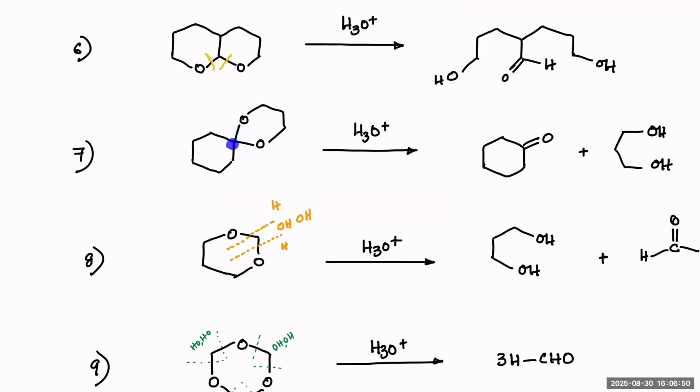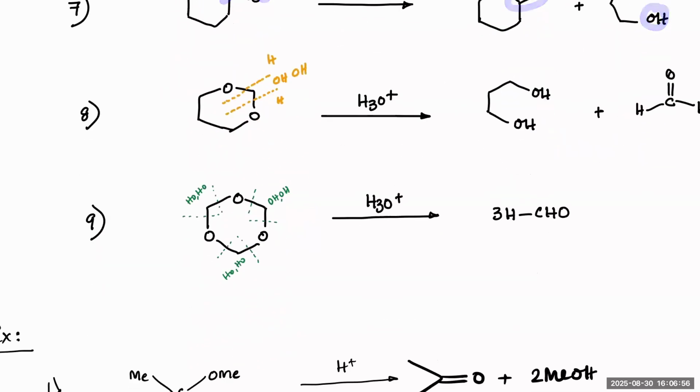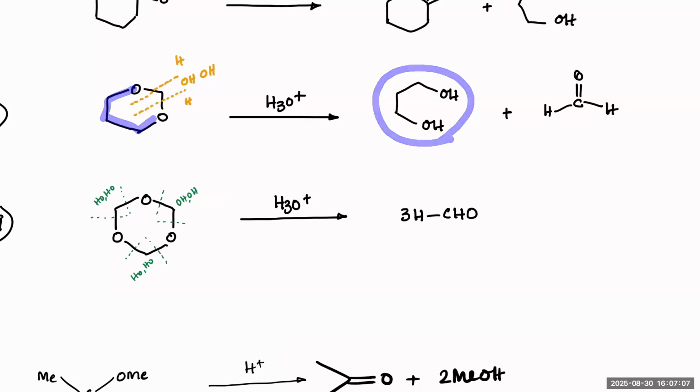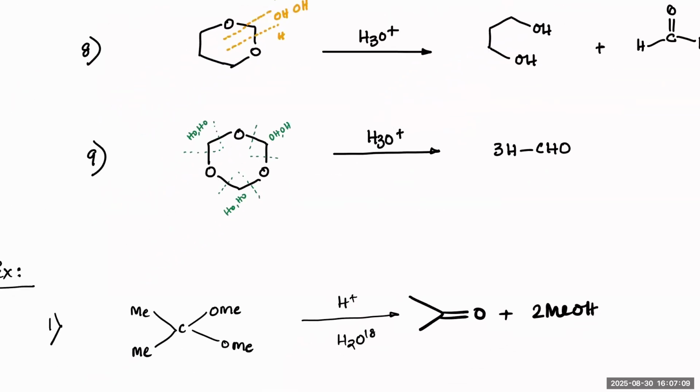You break it. Central carbon will become ketone. This side and this side will have an alcoholic group. Here also break it on this side. The central carbon will become aldehyde, which is 1 mole, and the rest of this entire group will become alcohol. Now, if you have 3 carbons connected together, here, here, and here, all 3 are hemiacetal carbons.